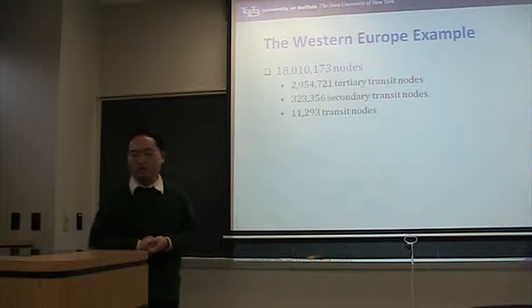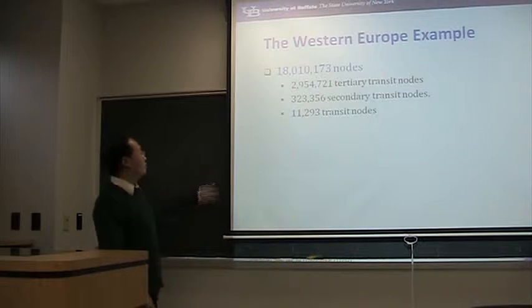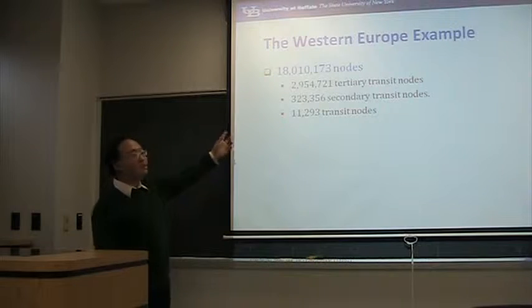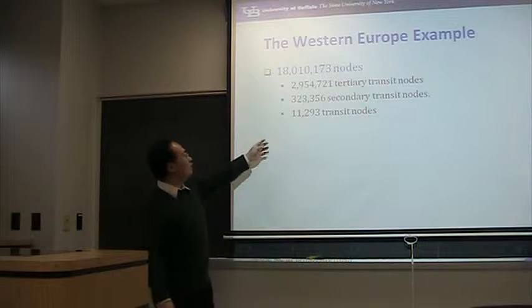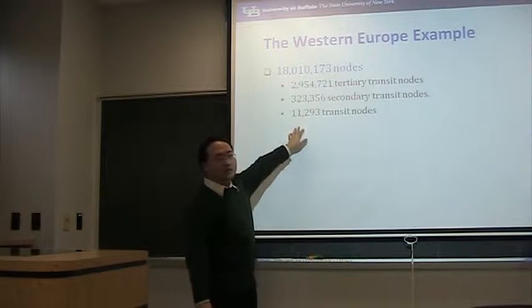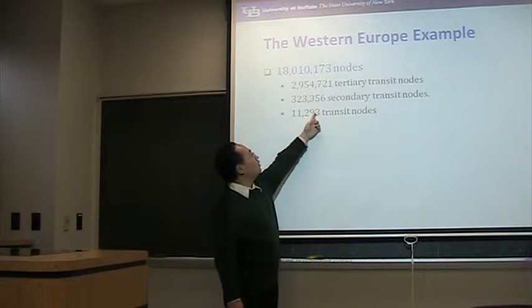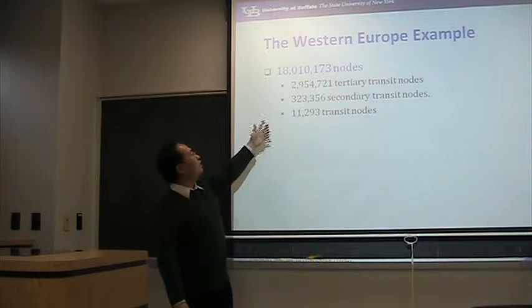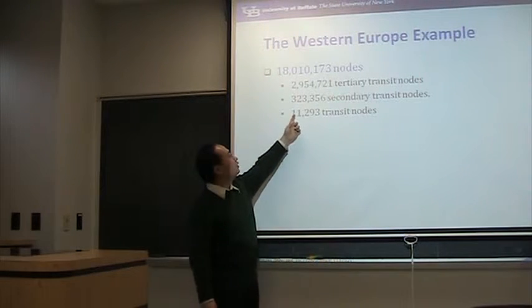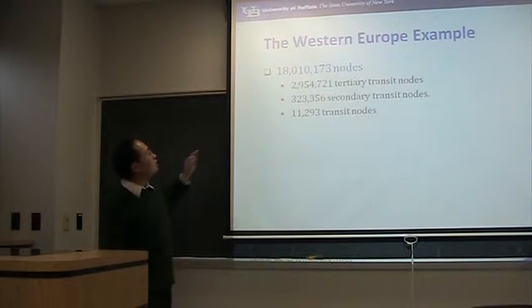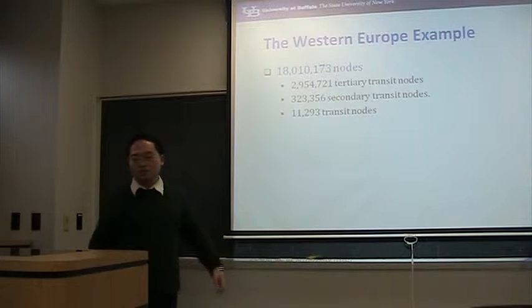Let me give you the example of Western Europe. Initially, they have 18 million nodes. Then finally they get only 11,000 transit nodes. And they have this number of secondary transit nodes, and this number of tertiary transit nodes.